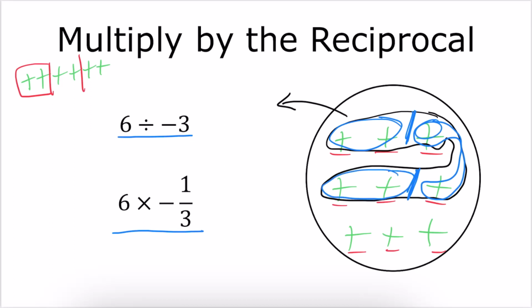If I split that group of 6 up into thirds, and I take away one of those thirds, so these two positives are gone now, then we can see that the answer is going to be -2 because these two negatives now no longer have positives that they're paired with. And so this can show that 6 divided by -3 equals -2. And again, that model can be a little bit confusing because you're taking away a partial group. But that's the best way that I can think of to model that process of division by negatives.